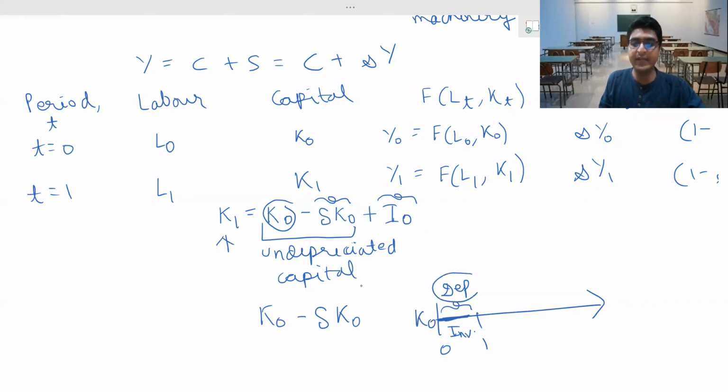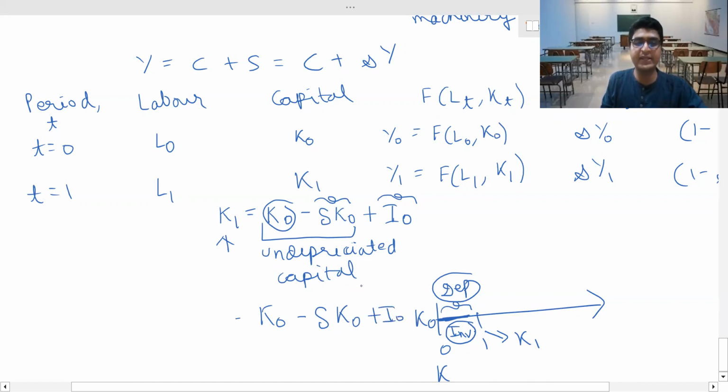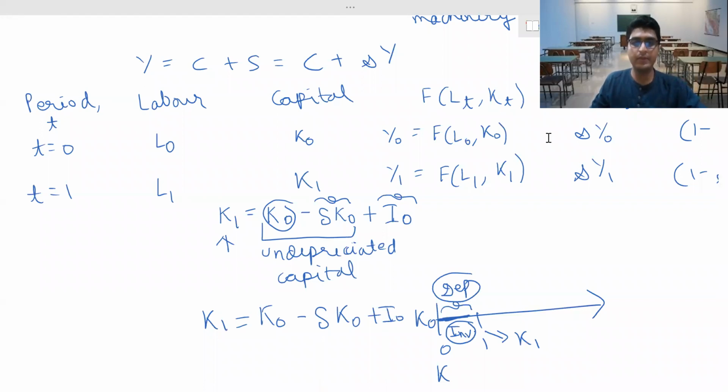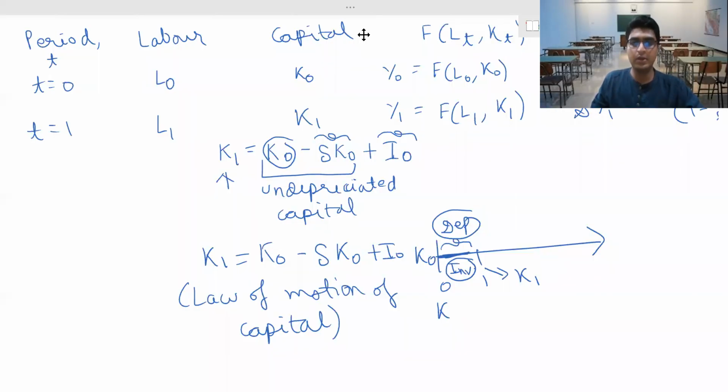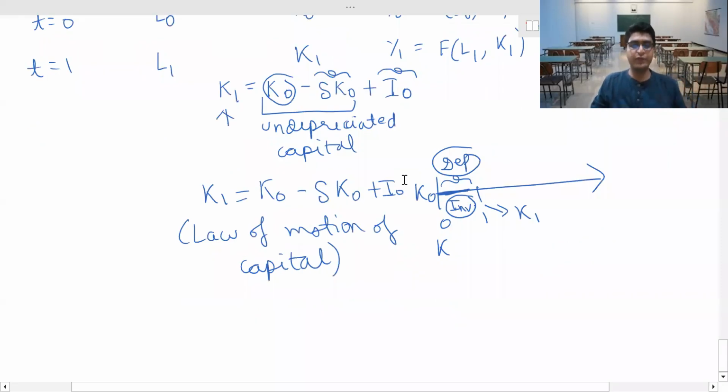So after this depreciation and after this investment, you reach K1. So in the initial capital, depreciation is reduced and you do some investment in that period, and finally that becomes capital in time period 1. Now is it clear? So this is the law of motion of capital.